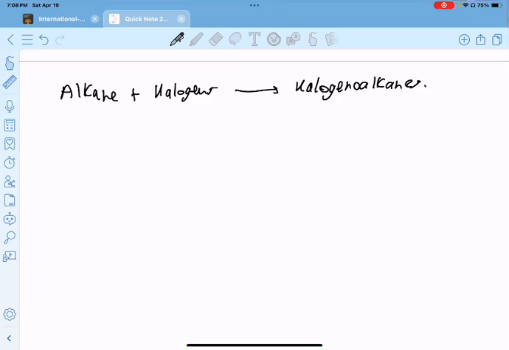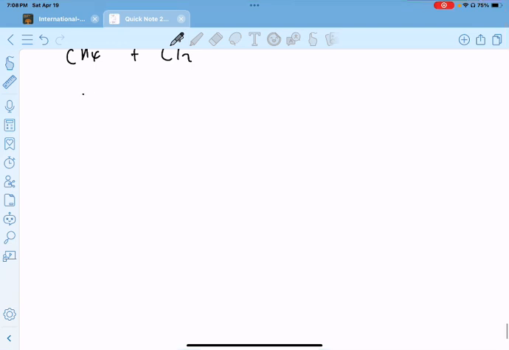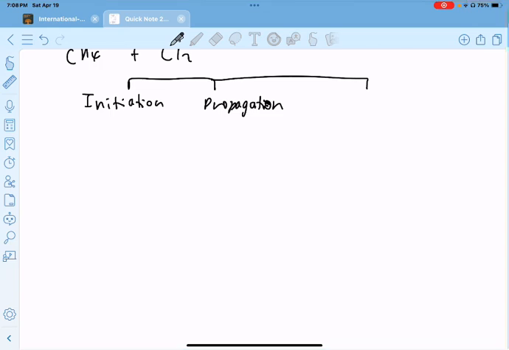The alkane in question here is the simplest one, CH4, because it has one carbon, plus Cl2, okay? Now, we're supposed to know the mechanism of this. Whenever you are asked for the mechanism in Unit 1 or 2, know that there are 3 steps. One is the initiation step. Second is the propagation step. And the ending phase, which is the stop phase, is the termination step. What is initiation? Initiation is where the free radicals form.